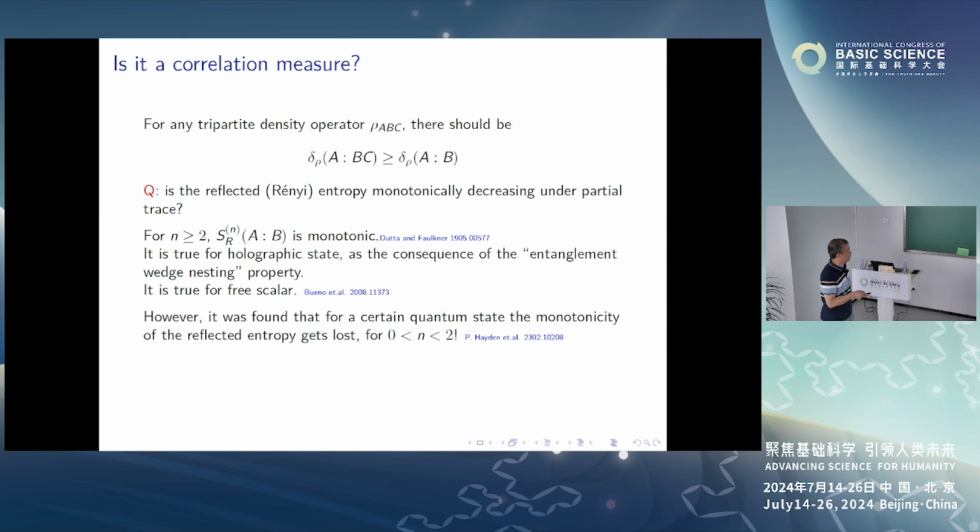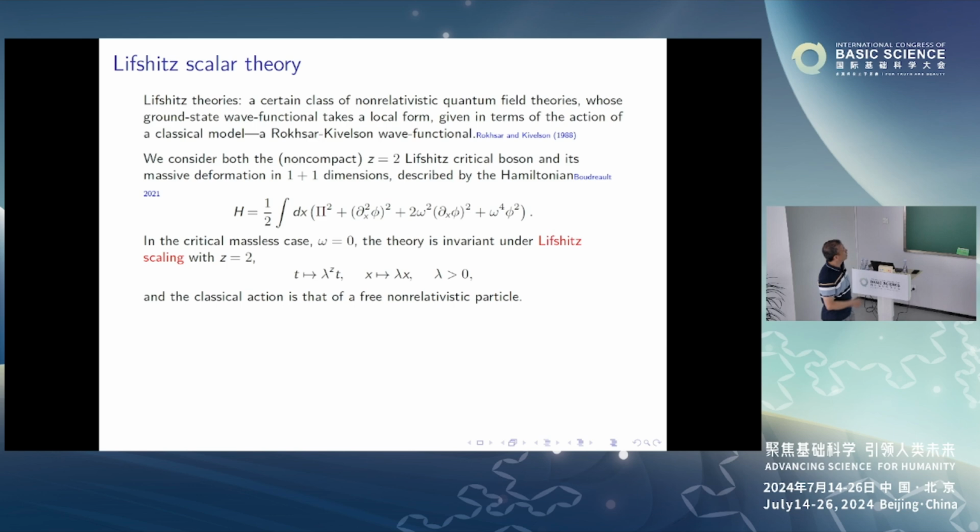So it is an open question whether the monotonicity of the reflected entropy holds in quantum field theory; it's not certain. And we try to answer this question in a free Lifshitz theory. Lifshitz theory is a certain class of non-relativistic quantum field theory whose ground state wave function takes a local form.